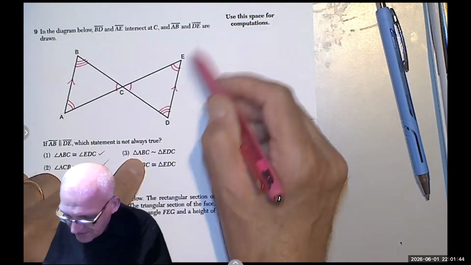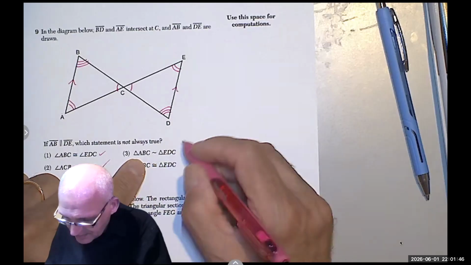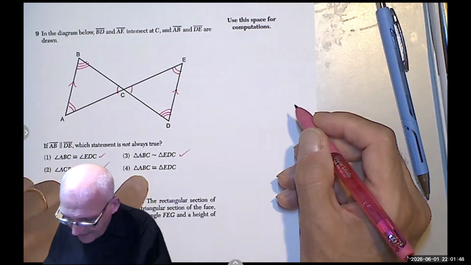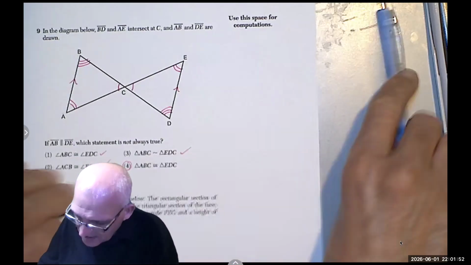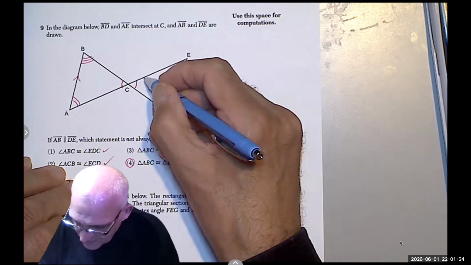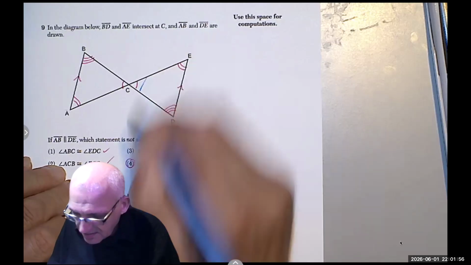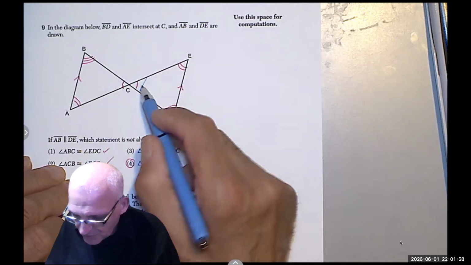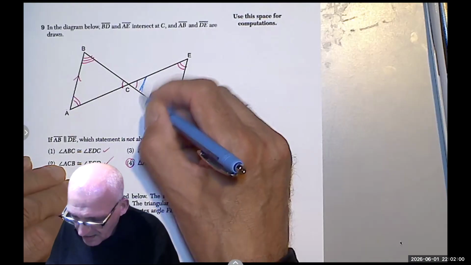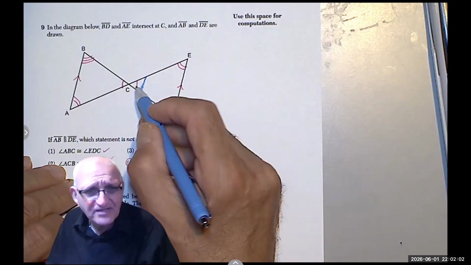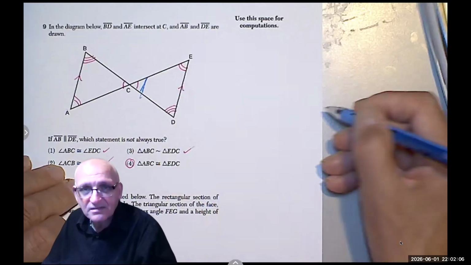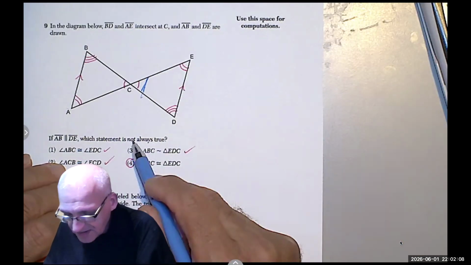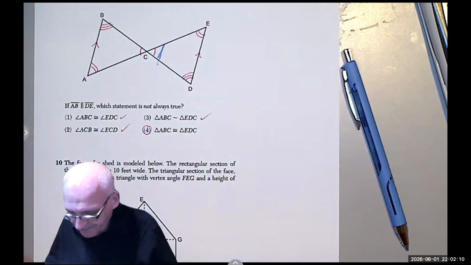Triangle ABC and triangle CED are similar, yes. And they are congruent, no. Why? Because instead of drawing DE here, I could have drawn it here. So these two triangles would have been similar, but definitely not congruent, right? Because you can draw this line anywhere, so it's not always true that they are congruent.